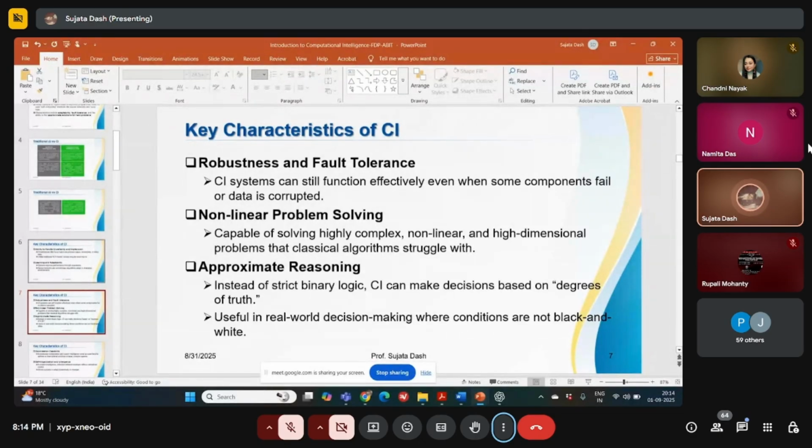And then next is nonlinear problem solving. Most real world problems are nonlinear. They don't follow simple straight line cause and effect relationships. For example, predicting the weather, optimizing airline schedules, or modeling the stock market involves thousands of interacting variables.